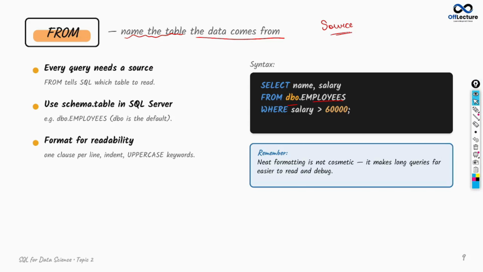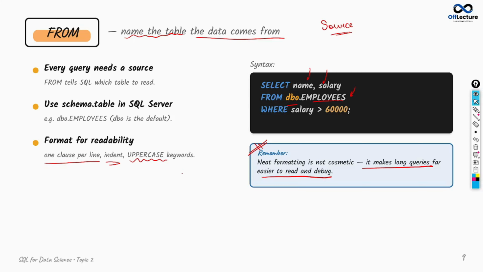But we usually follow a conventional rule: every clause should be on its own line. It should be properly indented, and all the commands, functions or statements that you write should be in uppercase, while the names of the columns and tables can be in lowercase. Remember, neat formatting is not cosmetic. It makes long queries far easier to read and debug.